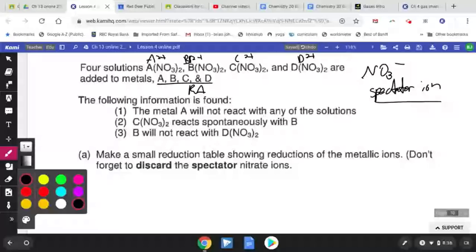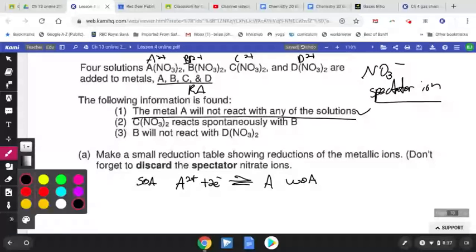Metal A is a reducing agent. It does not react with any, which means it's the weakest oxidizing agent sitting up at the top. So we got A2 plus 2 electrons goes to A. Okay, so that one's easy. Does not react with any.